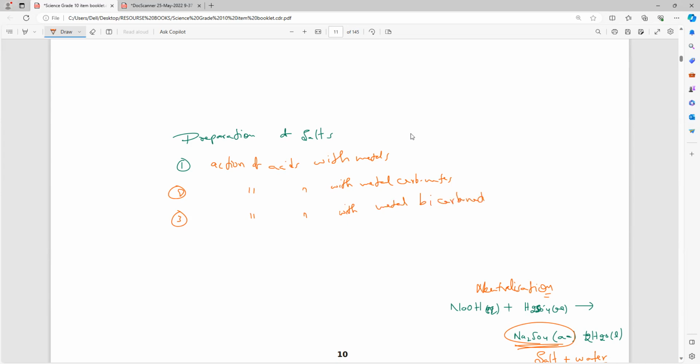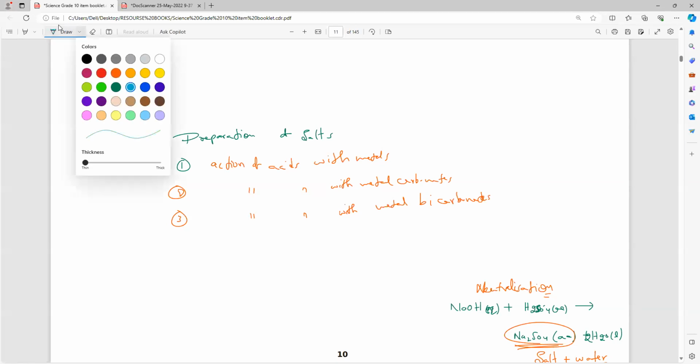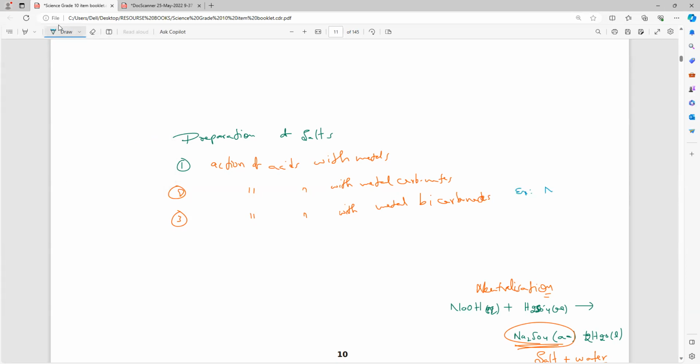Can you give any example of a metal bicarbonate? Nimish, what is the most popular metal bicarbonate? Sodium hydrogen carbonate. Very good. NaHCO3. Ashik will say the common name of this.